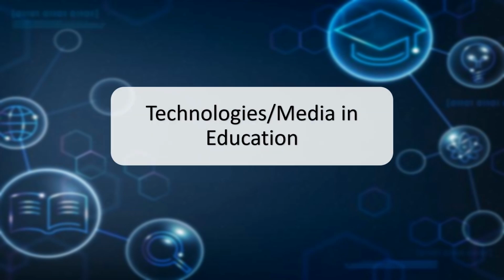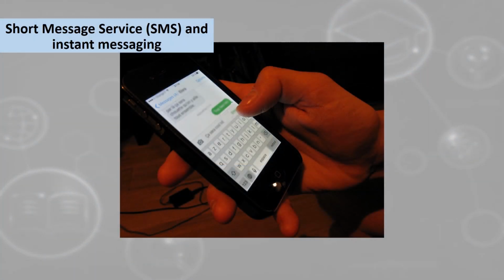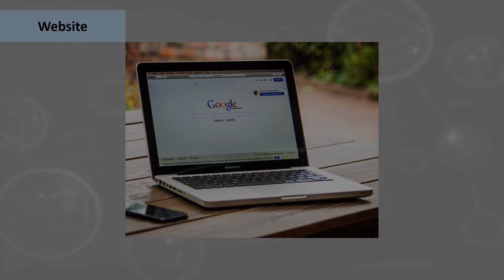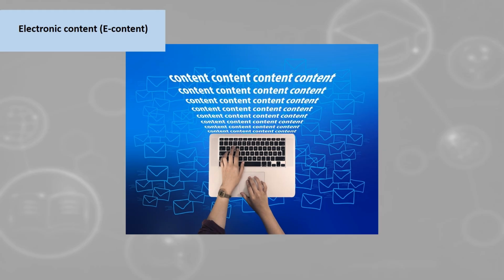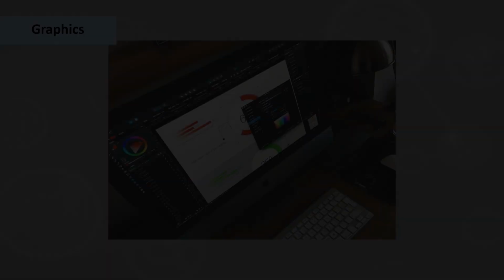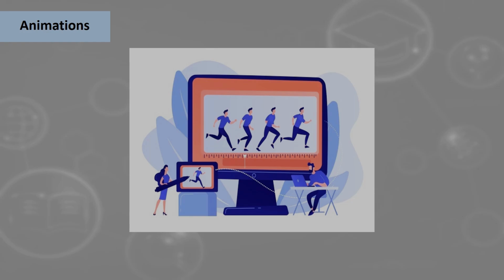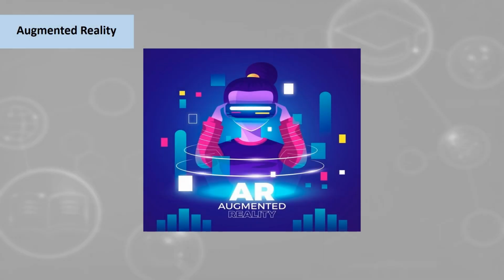Along with that, we have a list of application software or apps like short messaging service, blogs, websites, QR code, learning management systems, e-content in different forms like audio, video, podcast, graphics, animation, e-book, virtual reality, augmented reality, and this list is not ending that way.